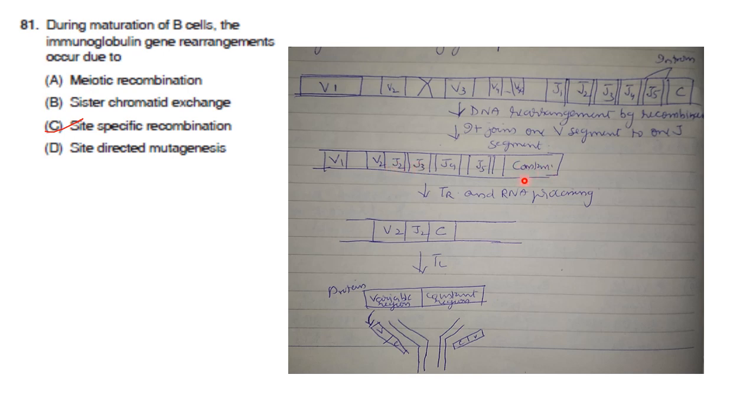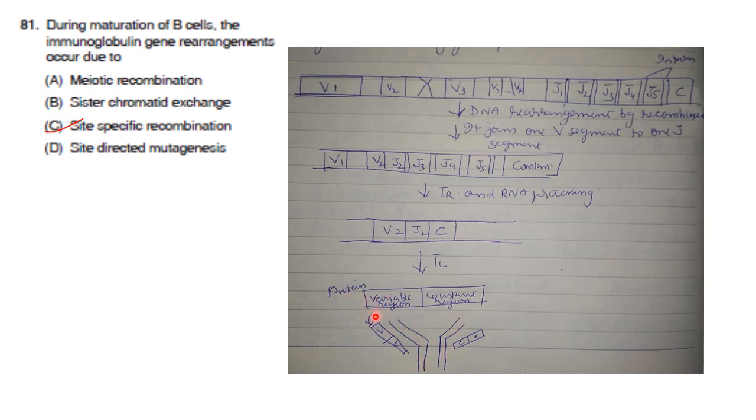The others are left as such. Then transcription and RNA processing, as well as joining of this V2 J2 segment to the constant C segment, will result in V2 J2 C, and it will undergo translation and produce the immunoglobulin.